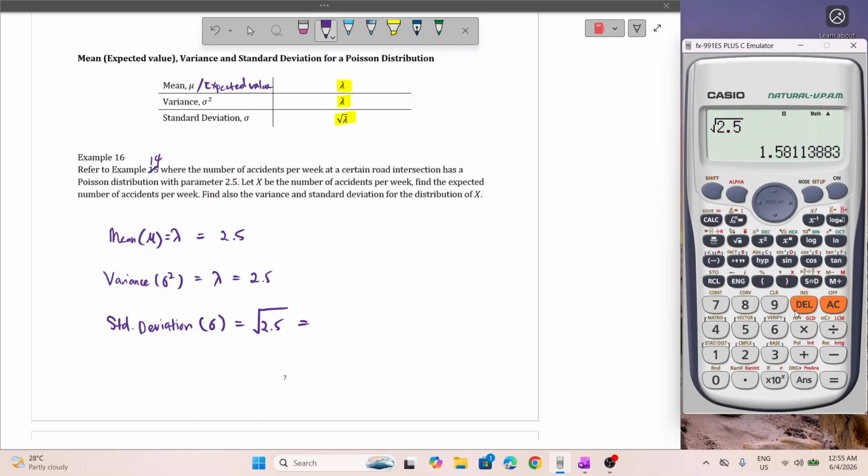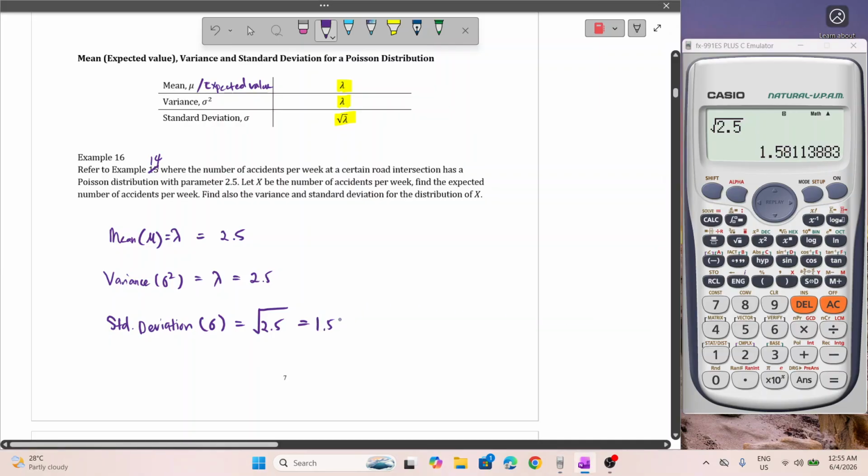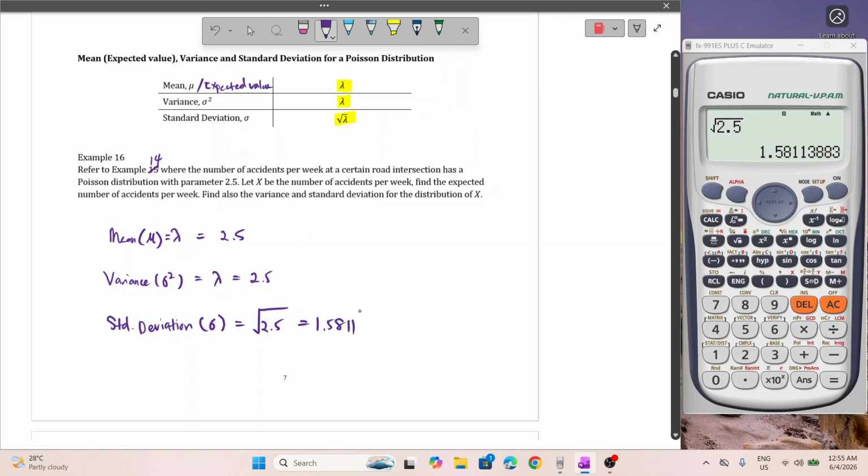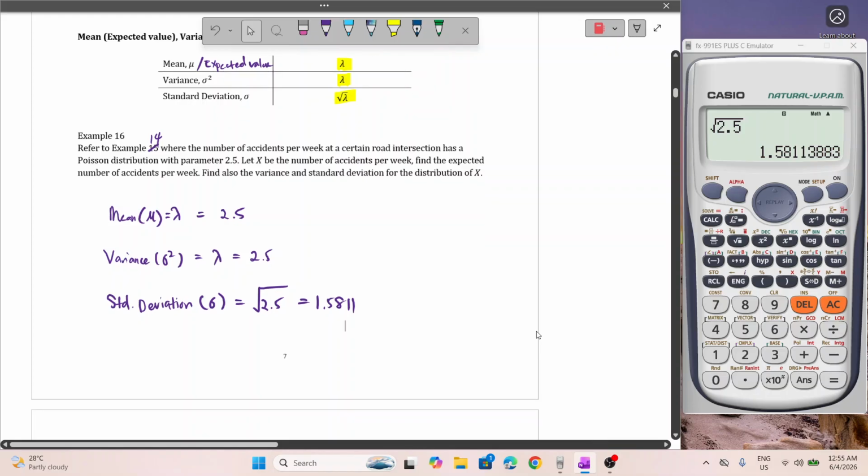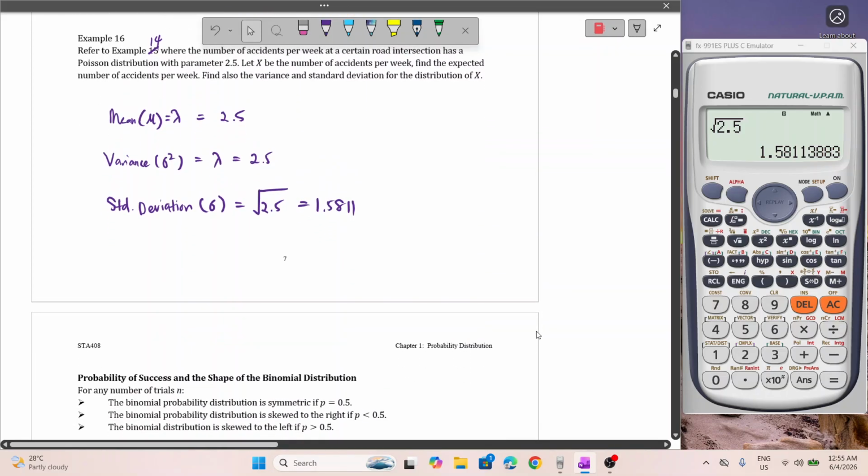This is equal to 1.5811. That is the answer for example 16.